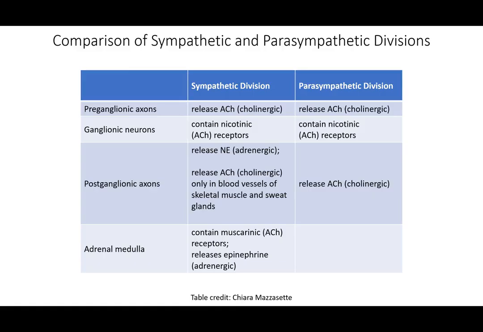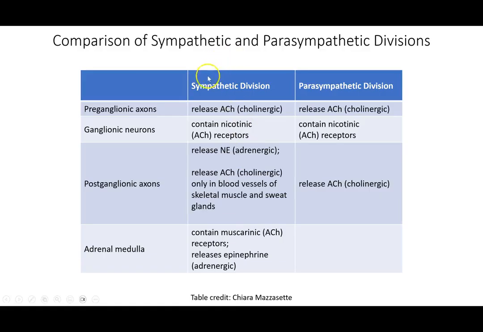All right, and then the parasympathetic division, those postganglionic axons are always going to release the cholinergic acetylcholine, but again, there is no parasympathetic innervation to those blood vessels in the skeletal muscles or the sweat glands. And then that adrenal medulla only functions within the sympathetic division of the autonomic nervous system. It is not part of the parasympathetic division, but it contains muscarinic receptors for acetylcholine, and it will release epinephrine.